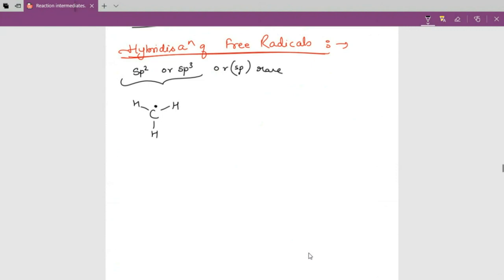So what happens is we have studied, through several methods, the shapes of the different free radicals. If this is sp2, then its shape and arrangement should be found planar.